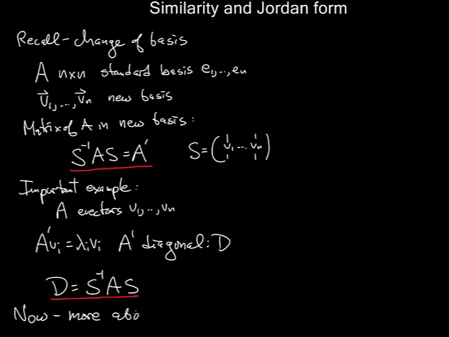So basically what we're going to be doing now is talking more about change of basis, and especially in cases when you can't necessarily diagonalize. And this is called similarity. So let's define the terms here.